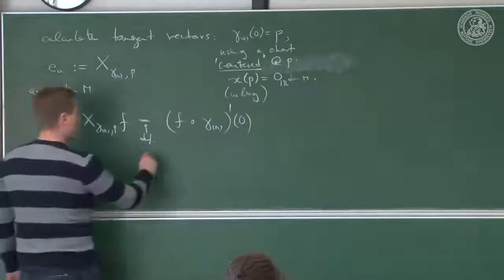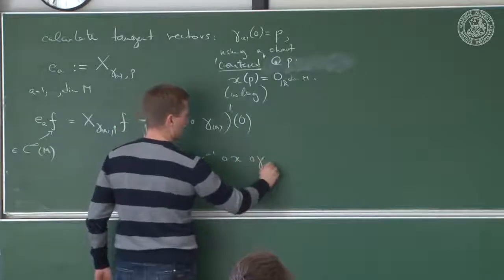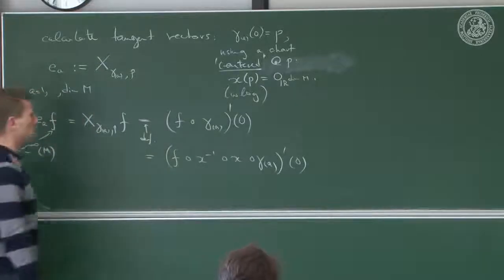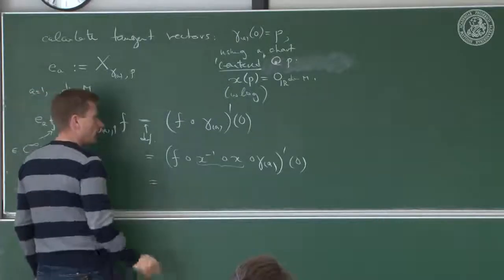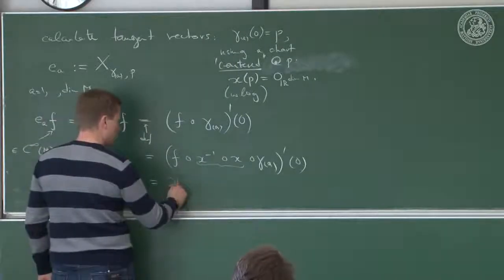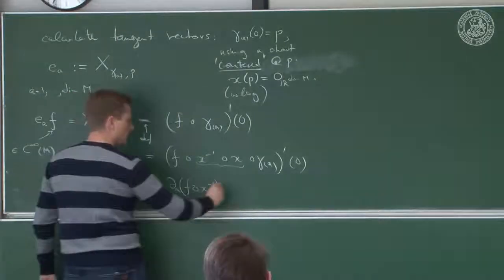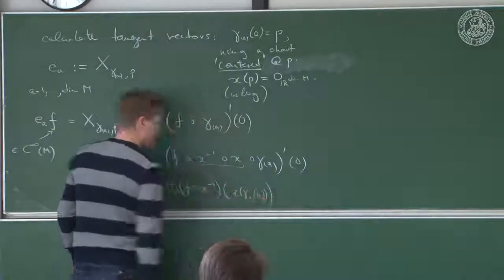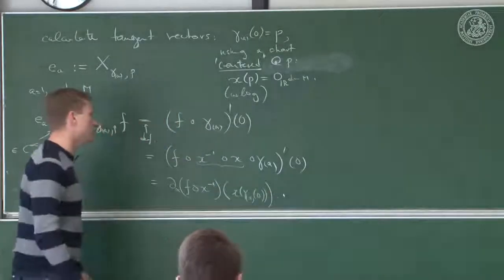And now we insert the chart. Well, we can first do this algebraically. This looks like this, derivative at position 0 of f after x inverse after x after gamma A. I just inserted the identity, so to speak. And now I do what I always do in this case. I use the associativity of the circ, and I get del_a of f after x inverse, evaluated at x of gamma A of 0, by the chain rule, times the Ath component of this guy.